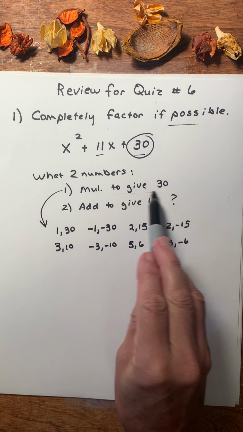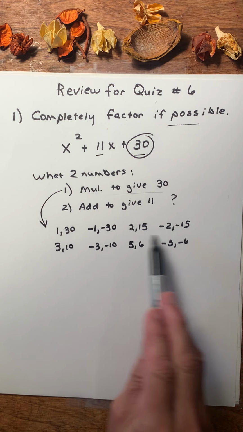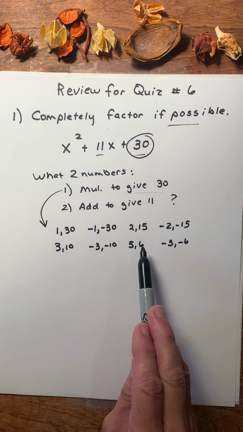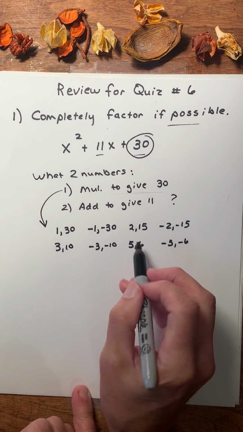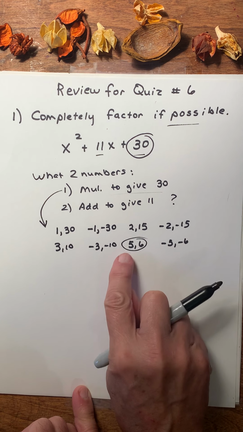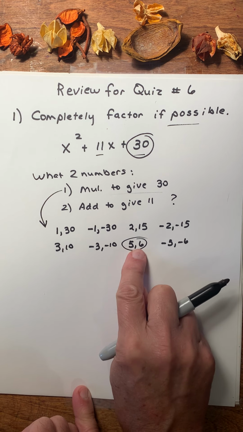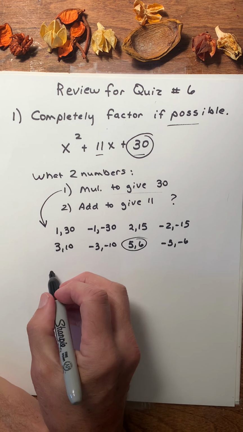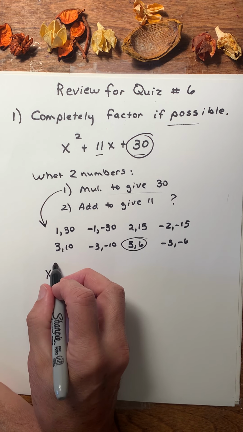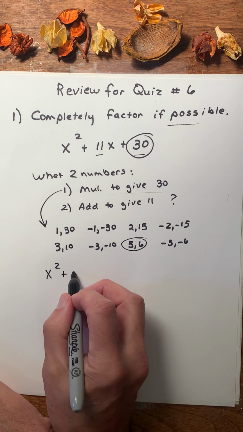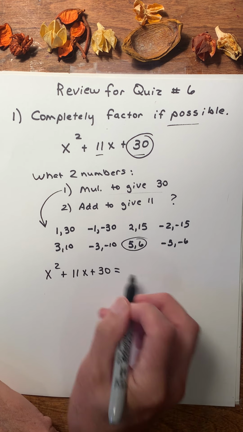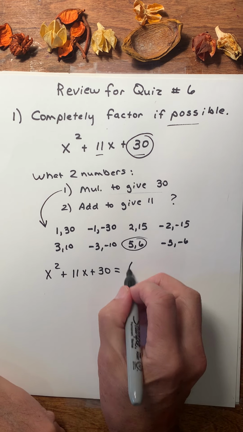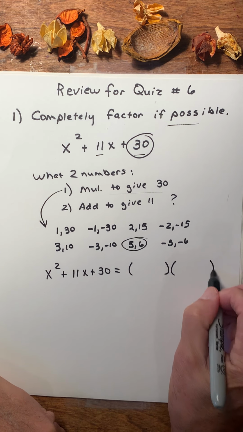What multiplies to give 30? There's everything. Do any of these pairs of numbers also add to give 11? Yeah, that one right there. That's a +5 and a +6. So my 2 factors, it always factors into 2 binomials. This polynomial factors into 2 binomials.